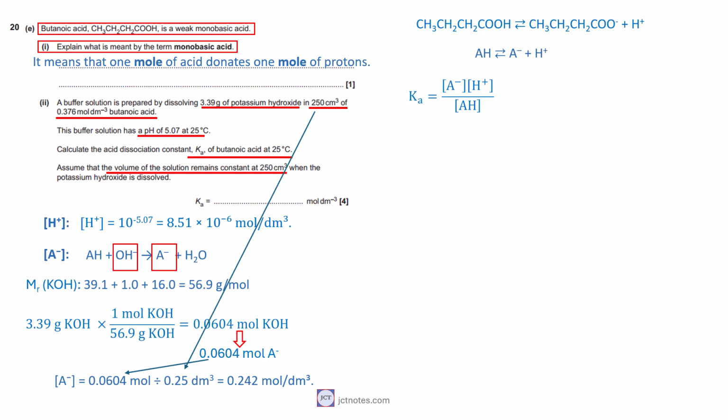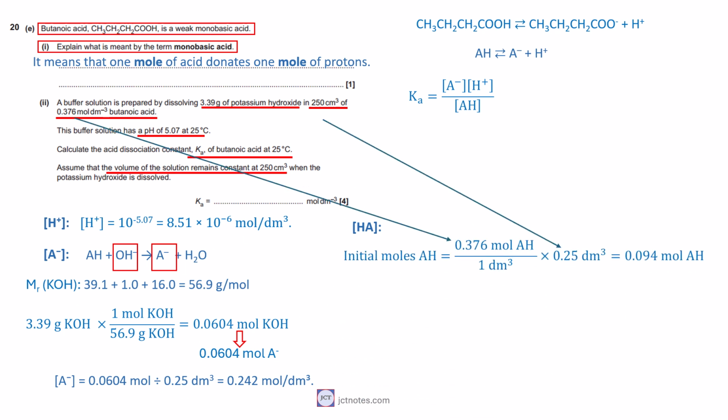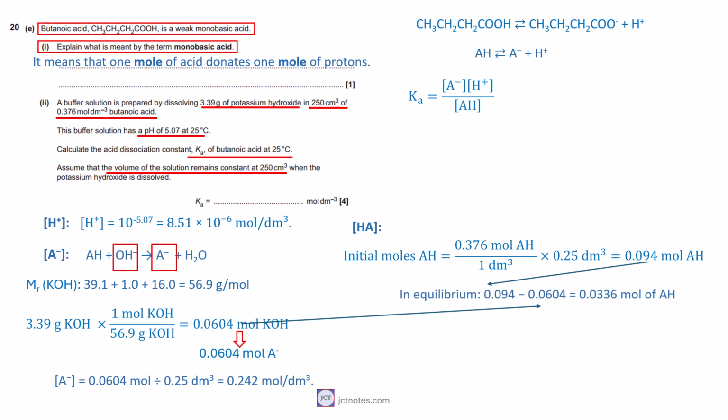To calculate the concentration in equilibrium of butanoic acid, we start by calculating the initial number of moles, given by the 250 cubic centimeters of 0.376 molar, which gives a value of 0.094 moles. But 0.0604 of these moles had reacted with potassium hydroxide to form A-, so in equilibrium, we have 0.0336 moles of butanoic acid.